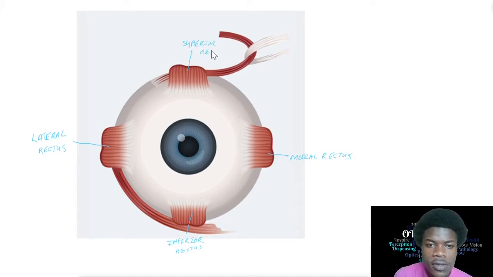And of course, we then have the oblique muscles. So this one here, simple, it's the inferior oblique muscle.